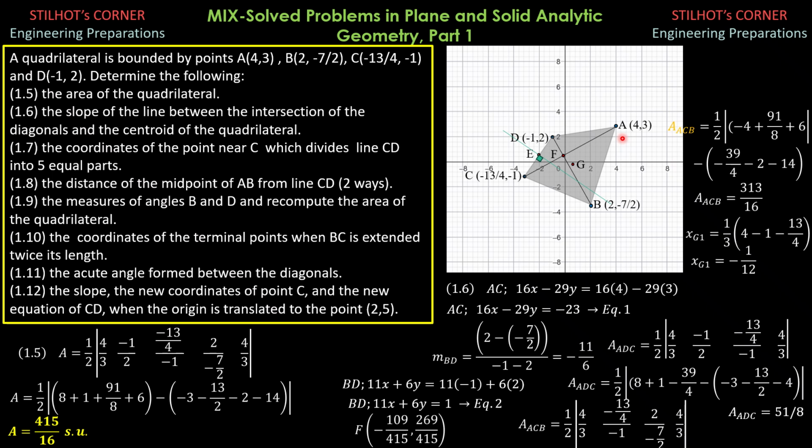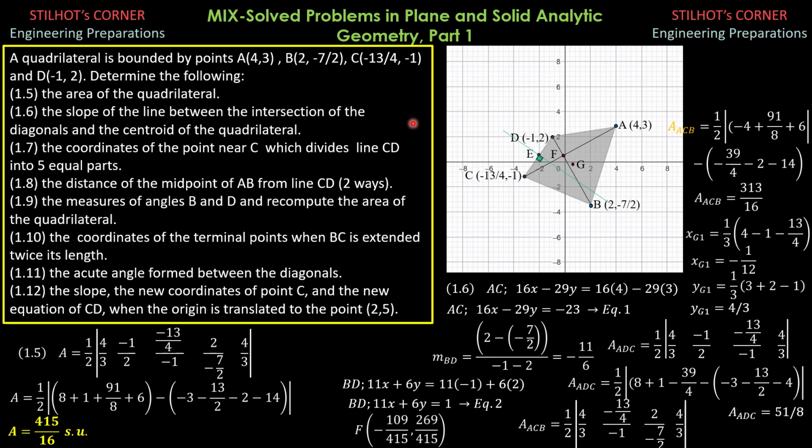Then yg1 is 1/3 of 3 plus 2 plus negative 1, and that is equal to positive 4/3. So around here. So that's possible also. yg1 is 4/3. Next, the coordinates of the centroid of triangle ACB. So it's about here. So we expect positive x and negative y.